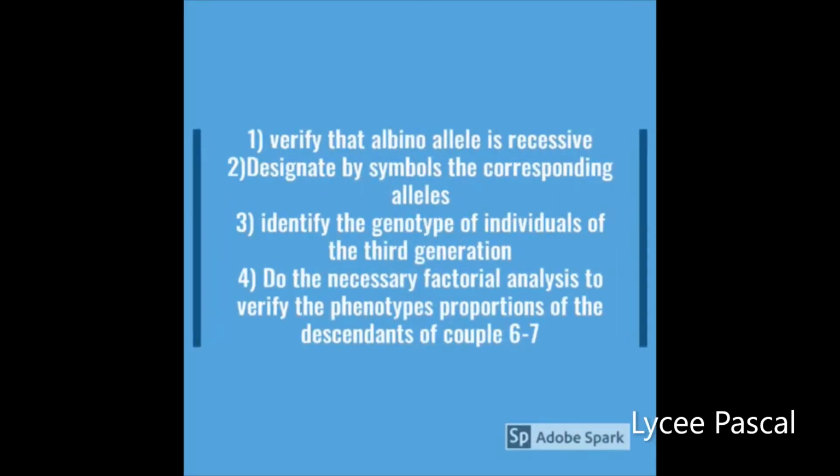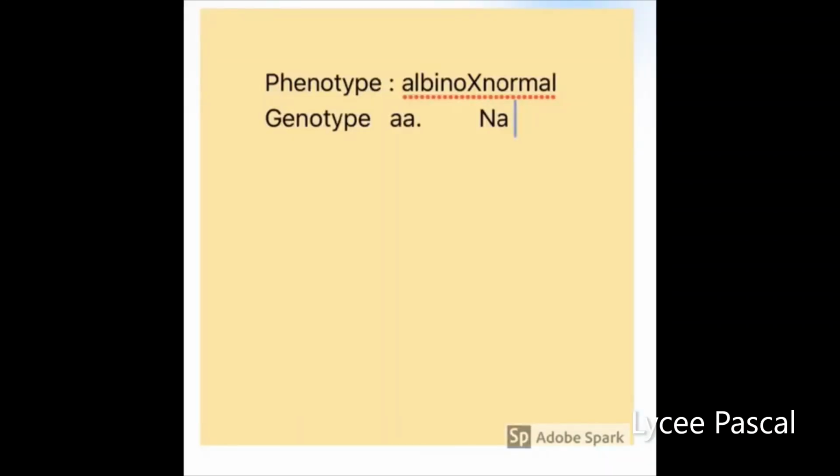Now let's finish our example with the fourth question. Do the necessary factorial analysis to verify the phenotype proportions of the descendants of couple 6 and 7. So we are going to start by writing the phenotype of the individuals. The first one is an albino individual and the second one is normal. Then we are going to write the genotypes aa and Na.